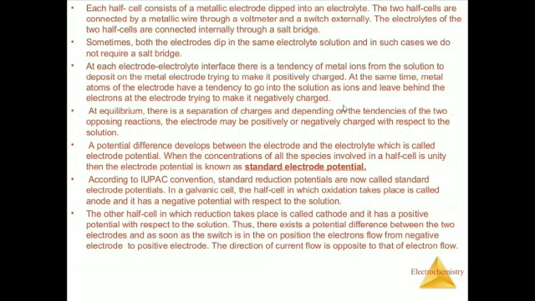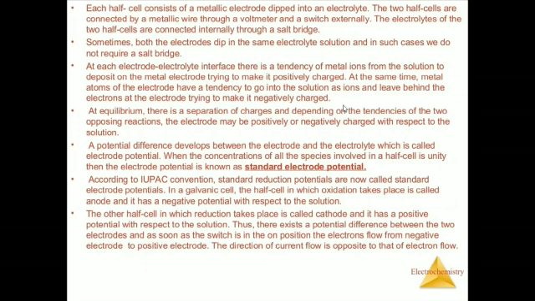When the concentrations of all species involved in a half cell are unity, then the electrode potential is known as standard electrode potential. According to IUPAC convention, standard reduction potentials are now called standard electrode potentials.